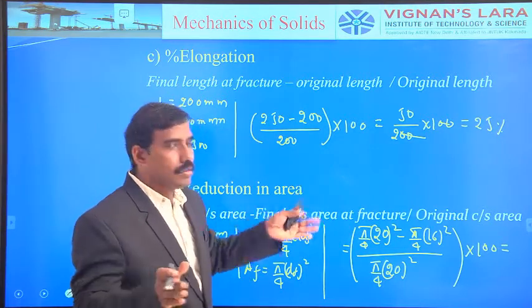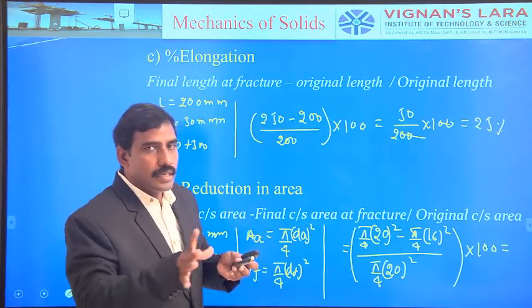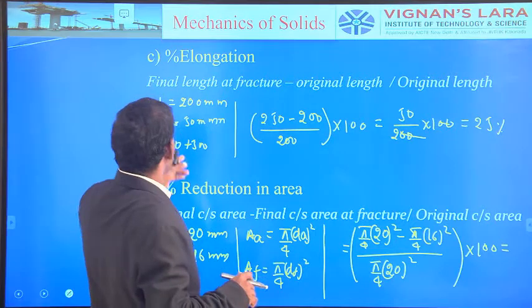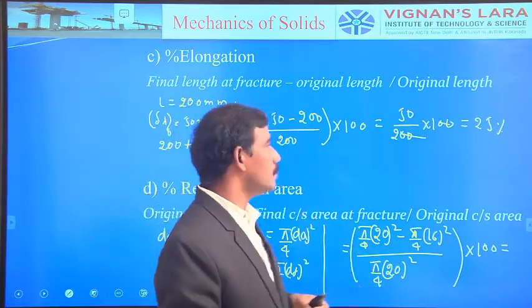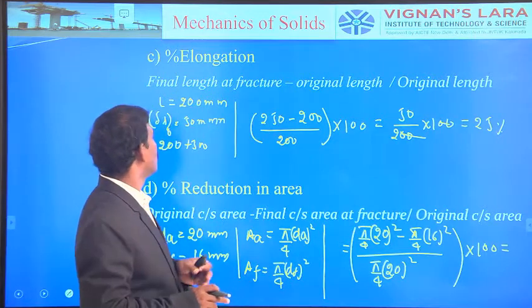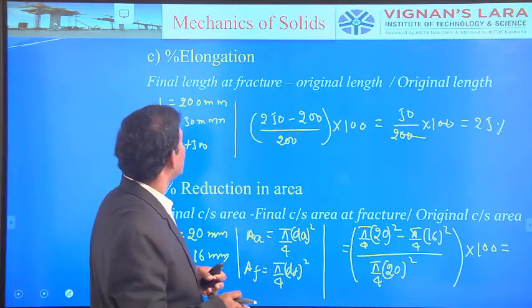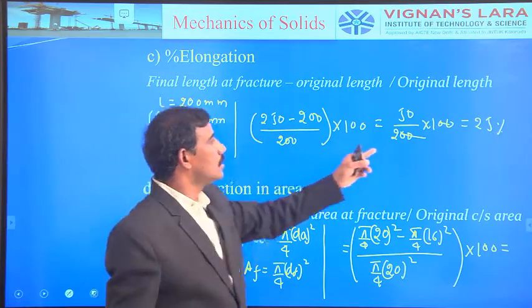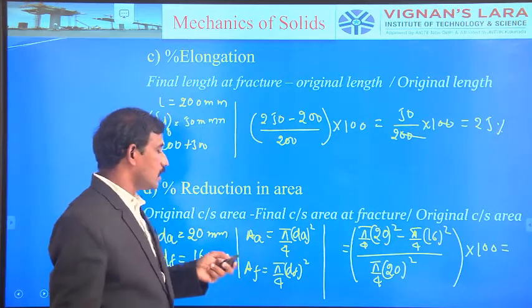At fracture, or after completion of the experiment, it is elongated. Its total length becomes 200 plus 50 because the total elongation is 50 mm. So finally, the total percentage of elongation is 25%, and you can calculate the reduction in area.